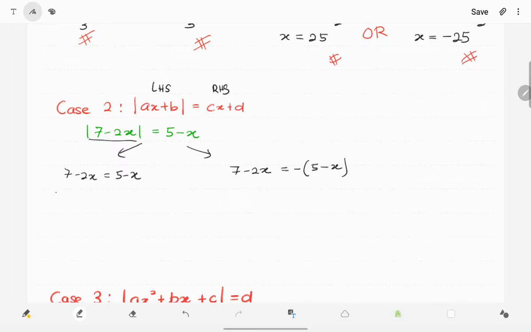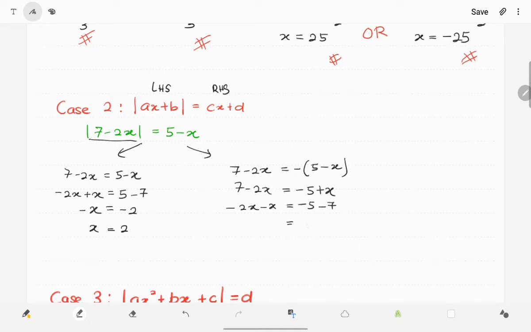So you will get -2x plus x equals to 5 minus 7. You will get -x equals to -2. X equals to 2. Another one is the left hand side, 7 minus 2x equals to -5 plus x. So -2x minus x equals to -5 minus 7.